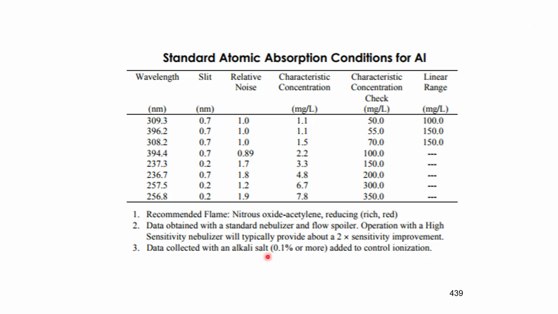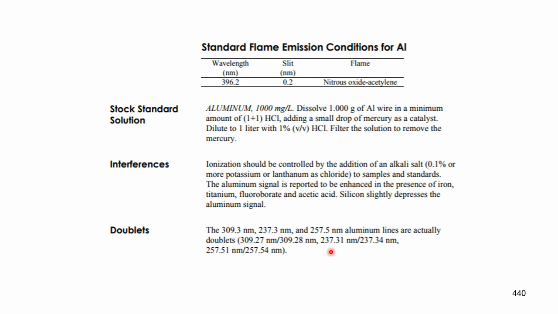All other things will remain the same, and sometimes they will give you this information: data collected with an alkali salt containing 0.1%, that is to adjust the ionic concentrations in your sample to control ionization. Okay. Now, similarly we can continue.